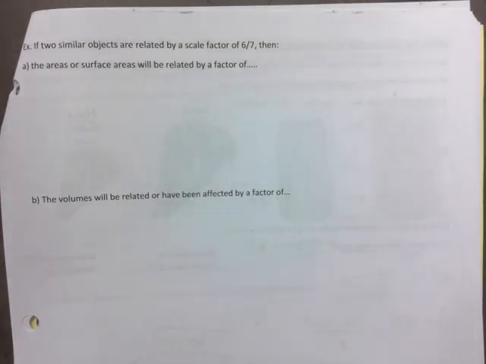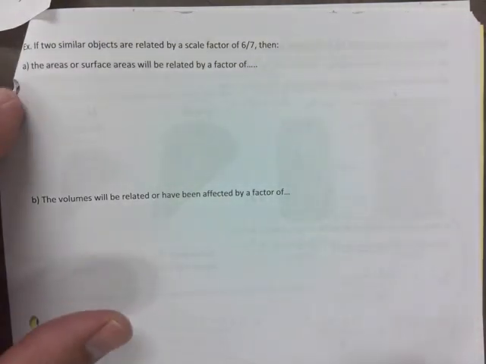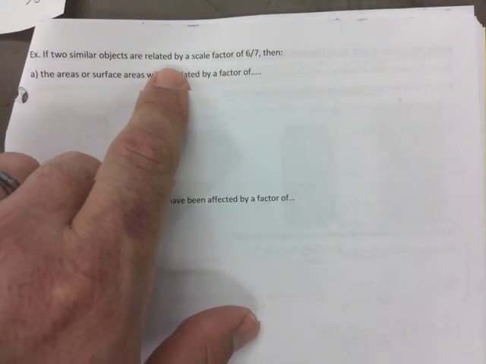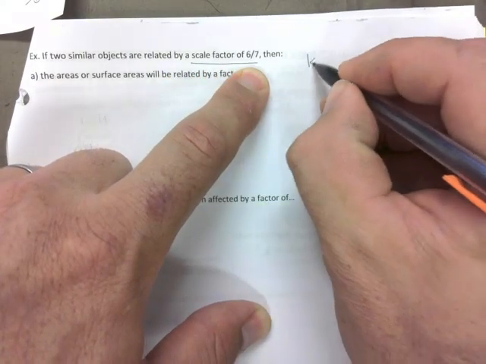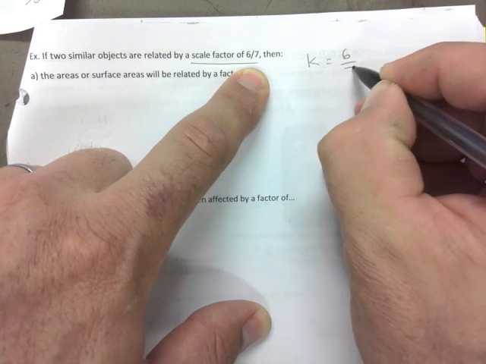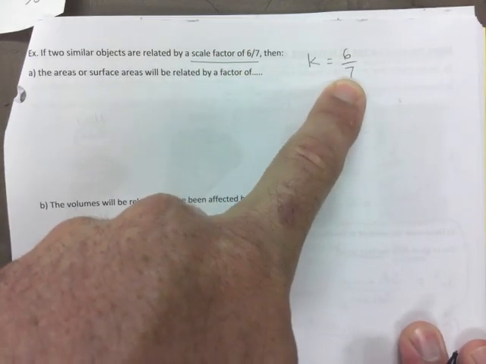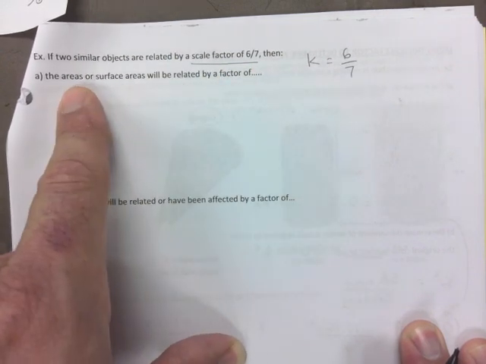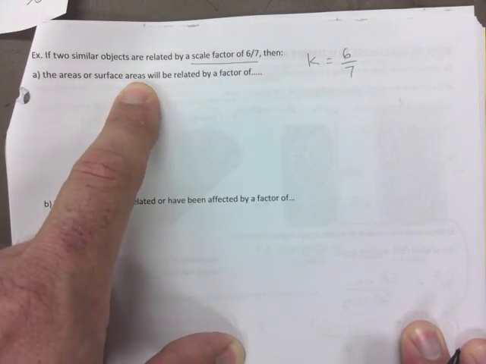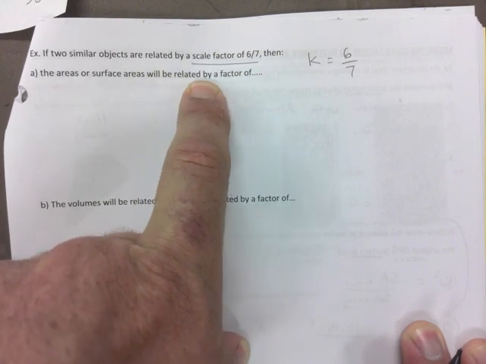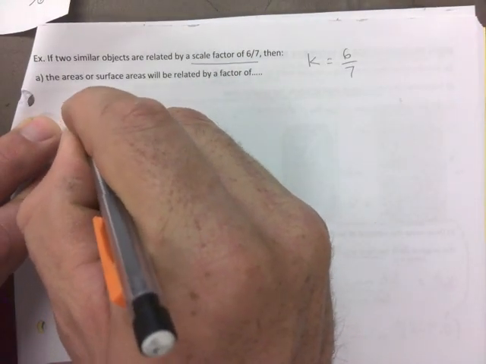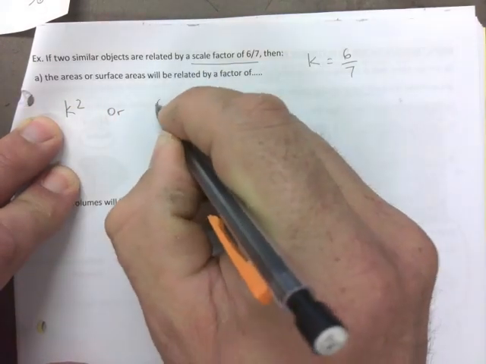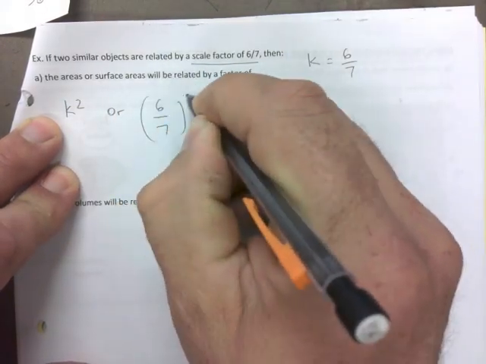So here we're going to simplify it a little bit. If two similar objects are related by a scale factor of 6/7, that is saying that k is 6/7. Then the areas or the surface areas will be related by a factor of k squared, or 6/7 squared.